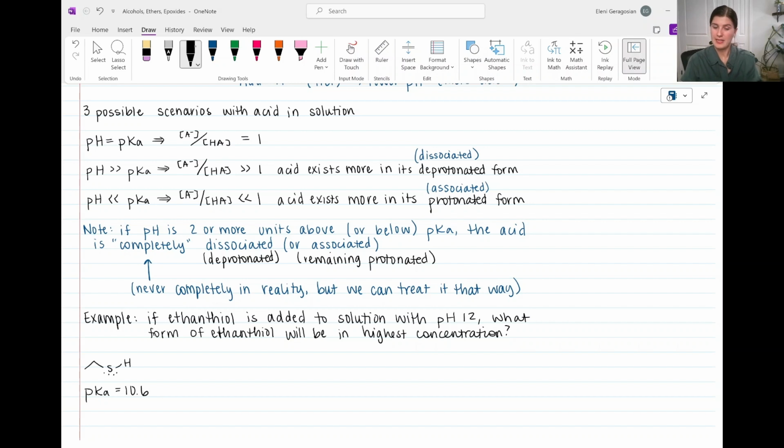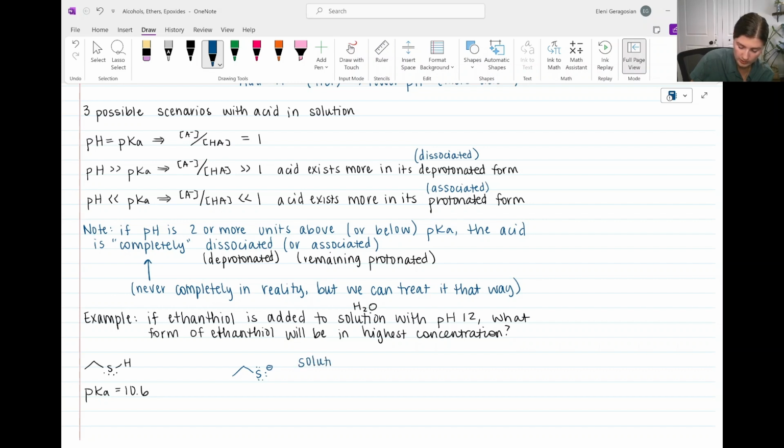So if we have an acid with a pKa of 10.6, we're adding it to a water solution with pH of 12. We have a higher pH than the pKa of the acid. So the solution is more basic relative to the acid, or we say the acid is more acidic relative to the solution. So that means that the ethane thiol will act as an acid and it will lose a proton, and this will be the form in highest concentration.